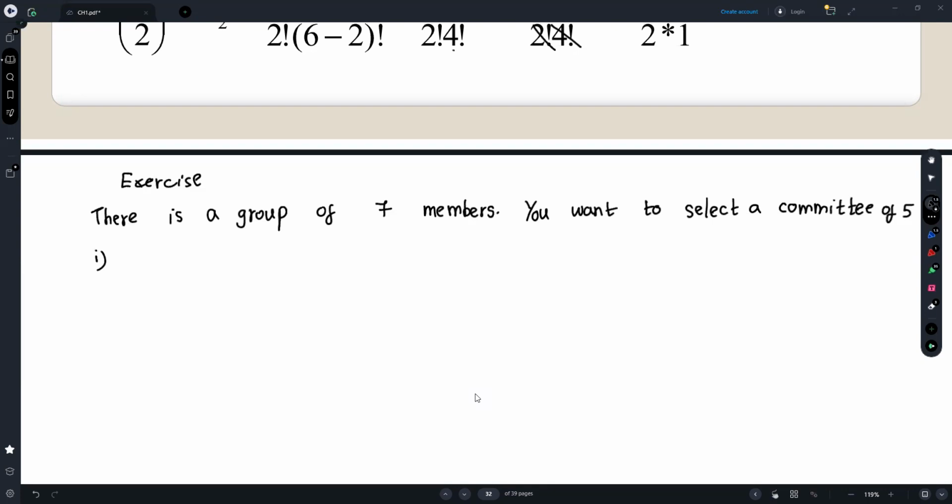Now, these types of questions, I'm sure you have done in your advanced level also, right? So how many different committees can be formed?